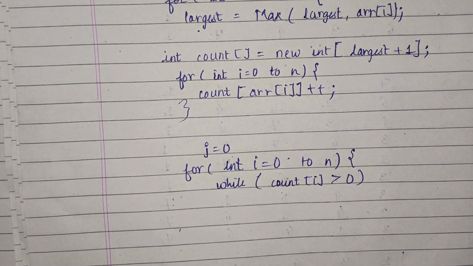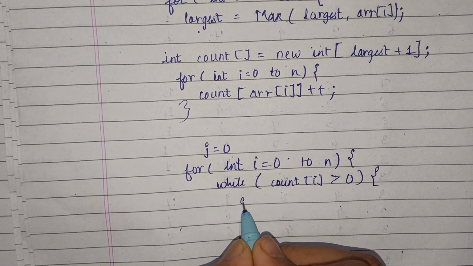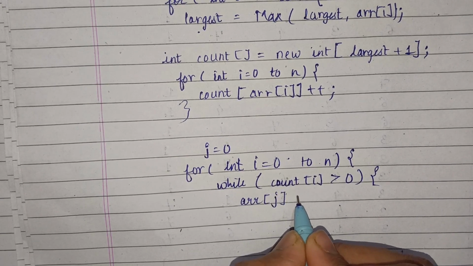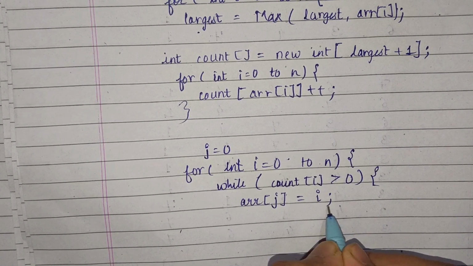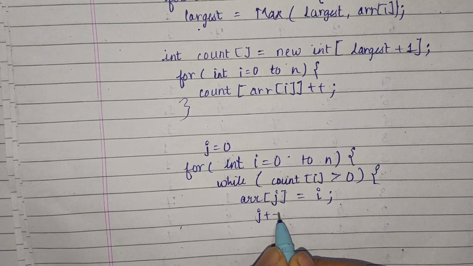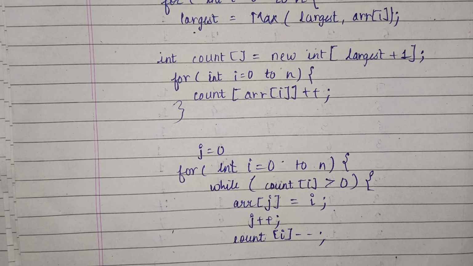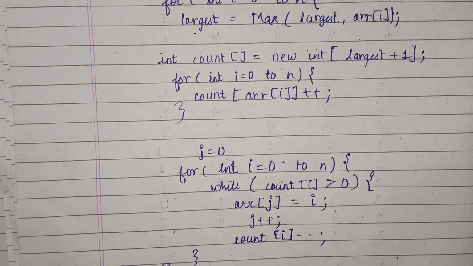So till the while loop runs, array of j is equal to i, j will get updated, and after adding the element to the array, we have to decrease our auxiliary array's frequency count. So that's why we have done the decrement, and we have to close the brackets.